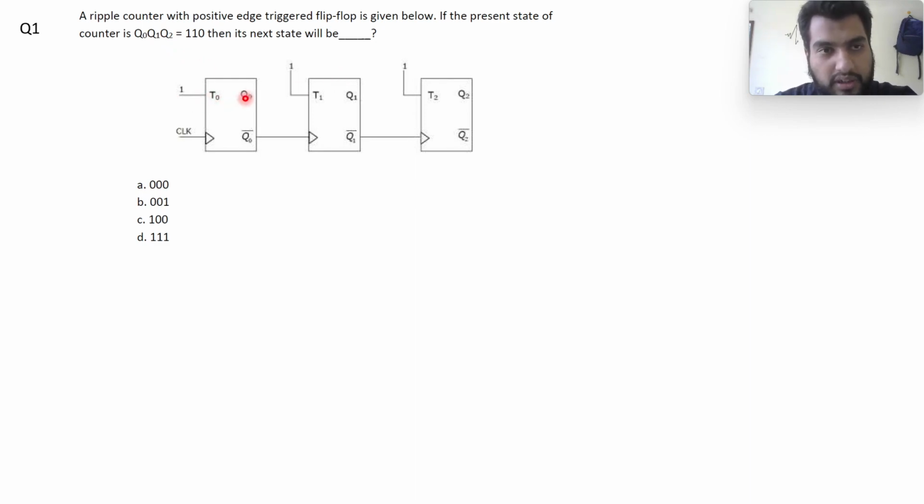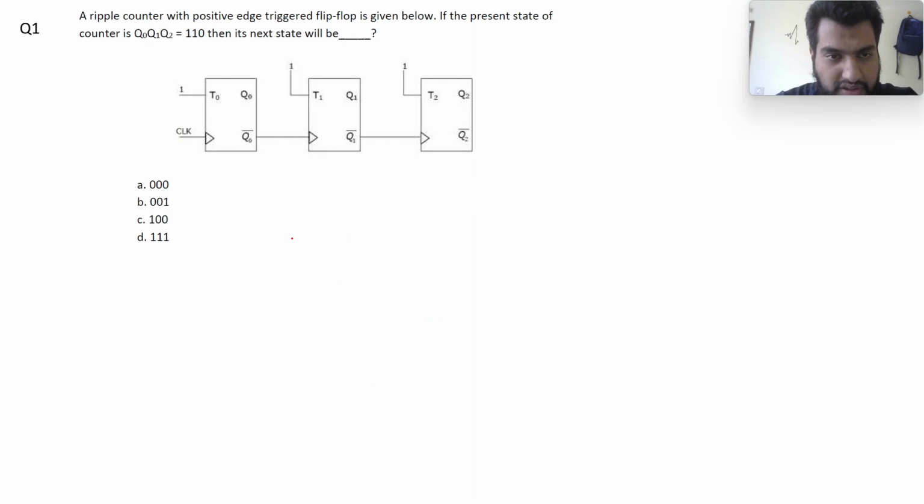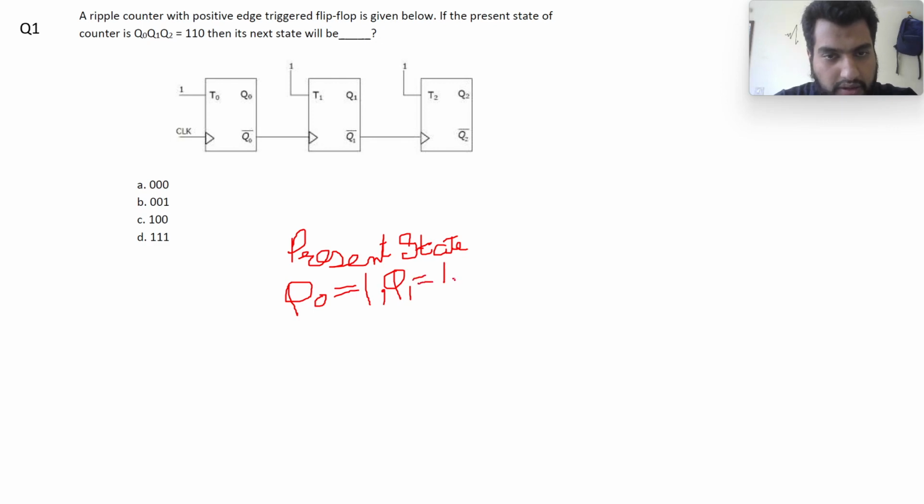As you can see, the input to the T flip flops is 1. Since it is positive edge triggered, with every rising edge at the clock, they will toggle. So let's write the present state first. As given, the present state is Q0 equal to 1, Q1 equal to 1, and Q2 equal to 0.